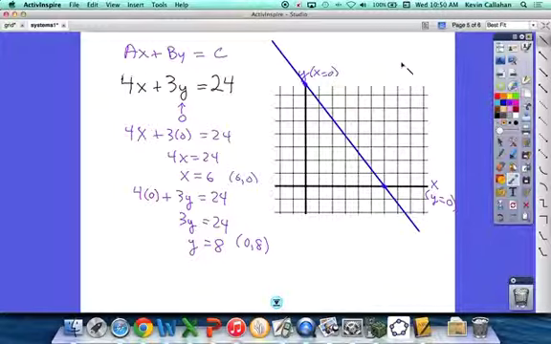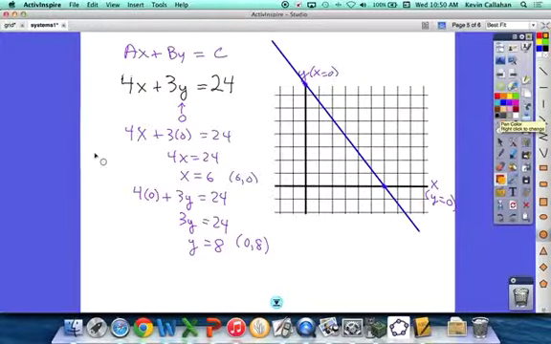Now, I will say that most of the time, if you're doing this at home on paper, I usually do it more like this, and I'm going to show you with the screen here, but you're going to probably do this with your finger on your paper.